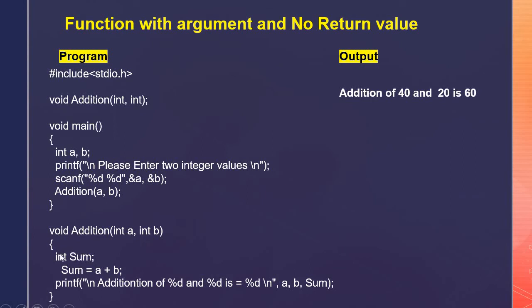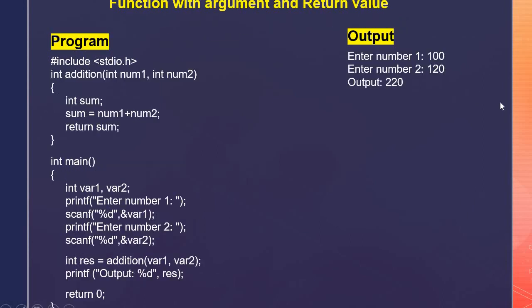Inside the bracket, int sum, as we did before, we are adding both values A and B, assigning into sum, and again printing the same in the same function. On seeing the curly bracket, it will return to the next statement of the calling area. It's nothing but closing, so automatically the program gets over. You can see the output here, addition of 40 and 60 is 100.